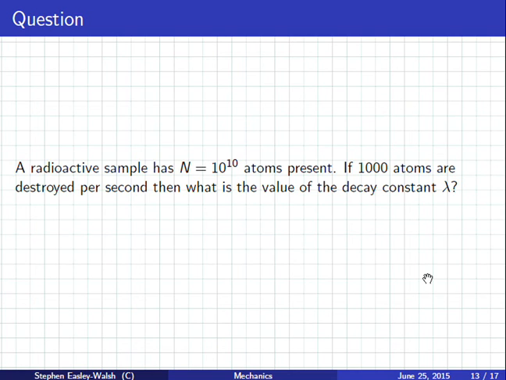Okay, so here's another one for you to practice. I have a sample of 10 to the 10 atoms, and 1,000 atoms are destroyed per second. What is the decay constant, the lambda? So it's similar to the last question. This time I want the decay constant.